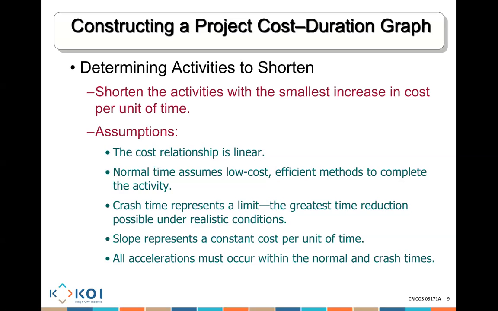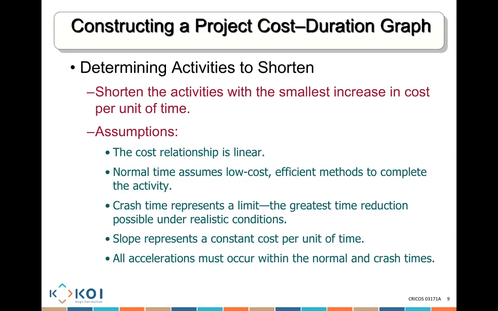Normal time assumes the low cost, efficient method to complete the activity, and the crash cost means I'm going to work extra to be able to finish the actual project much more quickly. Slope represents a constant cost per unit of time. So slope is basically how much more it's going to cost me to reduce the actual duration of the project by one single period of time.